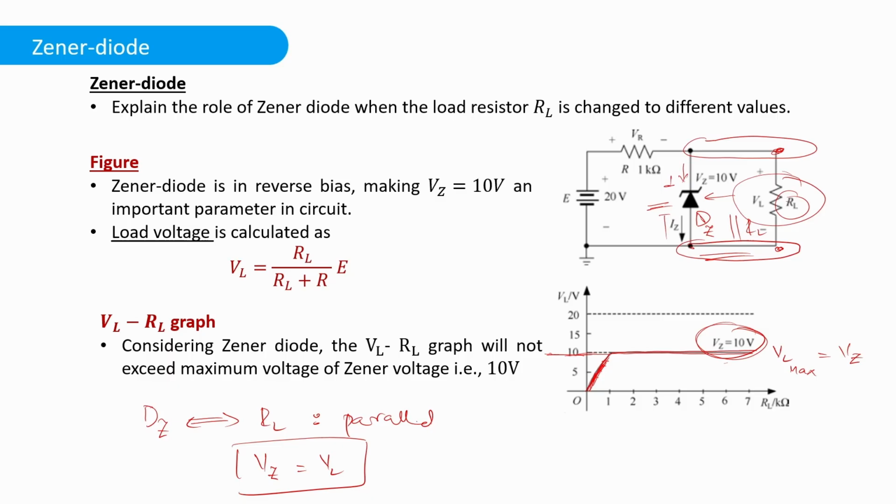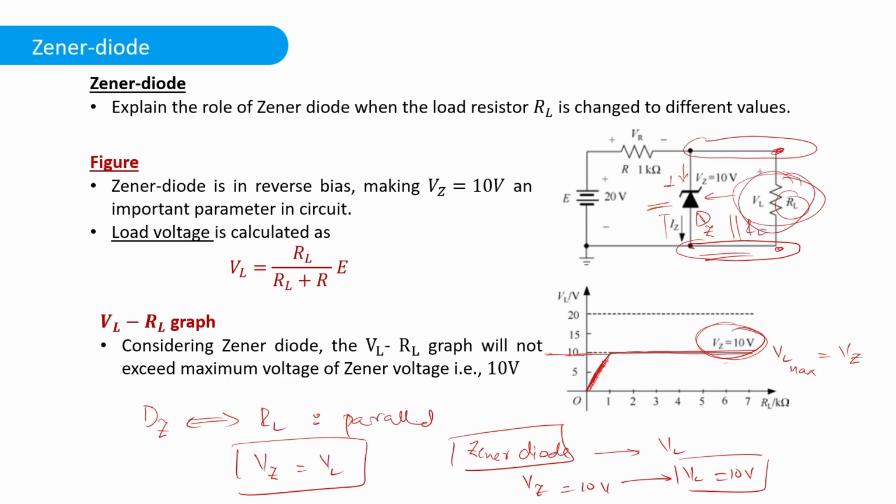So this is the reason that Zener diode is actually limiting the load voltage. Because Vz is equal to 10 volts, and V load will always be at maximum of 10 volts. So this is how we can protect our load from getting damaged.